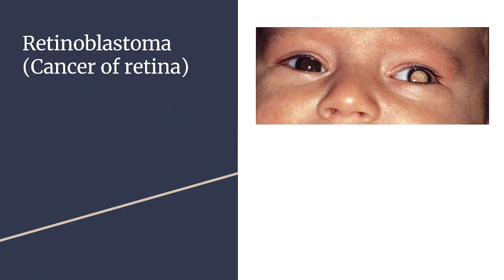It may also present as squint or cross-eye, poor vision, painful red eye, inflammation of the tissue surrounding the eye, protrusion of the eyeball, etc. Occasionally, it is detected on a routine eye checkup by an ophthalmologist, especially in a child with a family history of this disease.